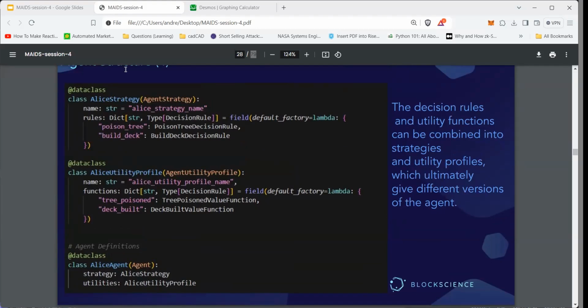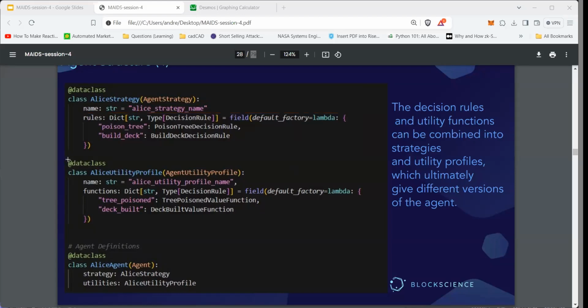Alice needs to have a rule for poisoning the tree and a rule for building the deck. And I've implemented those as dictionaries. Again, different approaches would be valid. The important thing is what is needed here is the decision rules. And those are things that we can plug in for specific decision rules.